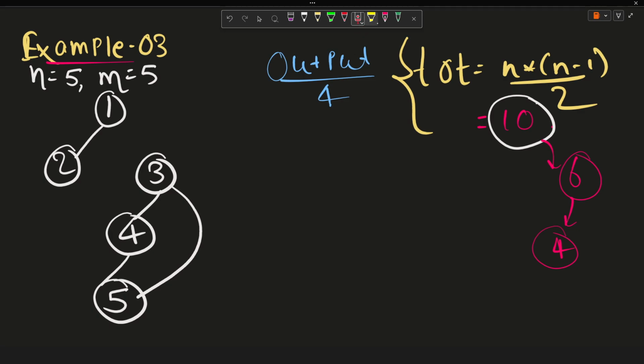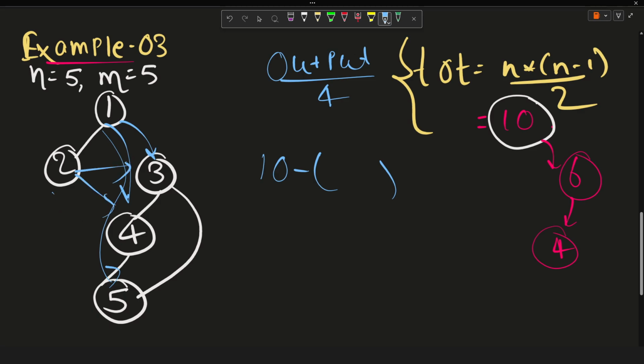Now if I tell you mathematically, earlier I had a total of 10 pairs, and after removing this bridge, how many pairs have we lost? We have lost a total of 6 pairs. How? From 1 we are not able to go to 3, 4 and 5. Similarly 2 to 3, 2 to 4, 2 to 5.